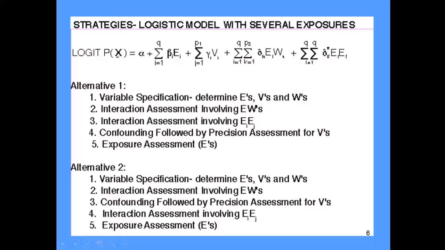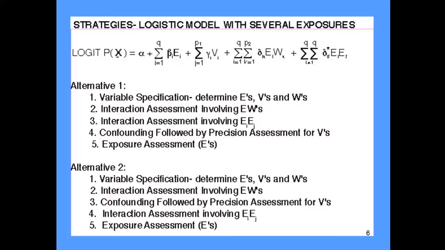Okay? Now, what's the rationale for doing that? I did say something like, don't touch the E's until you dealt with the V's. That's not what this step is saying. This step is saying interaction comes precedent to confounding. That's what this step says.